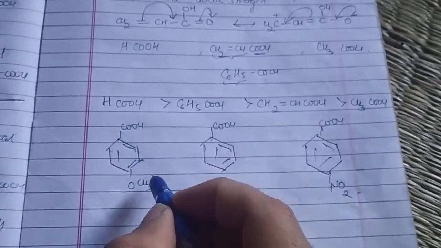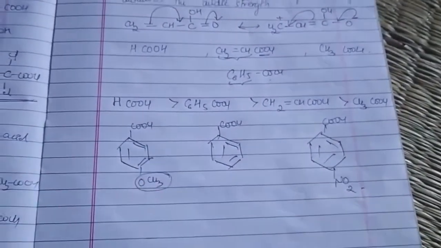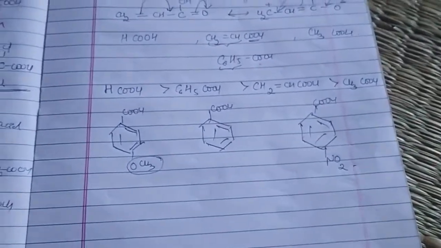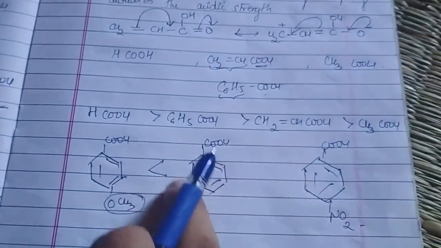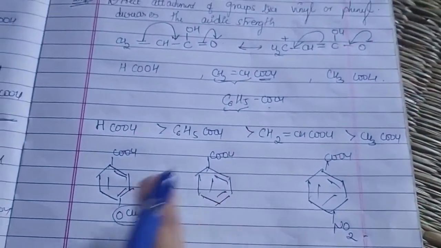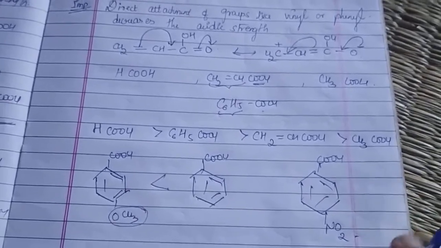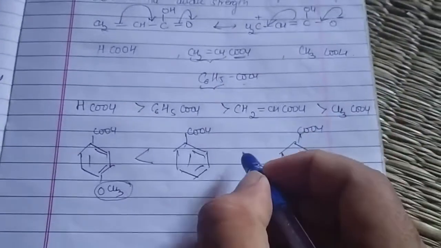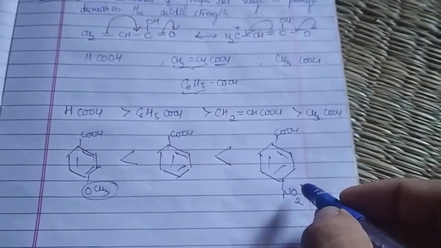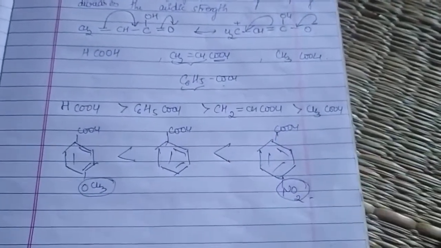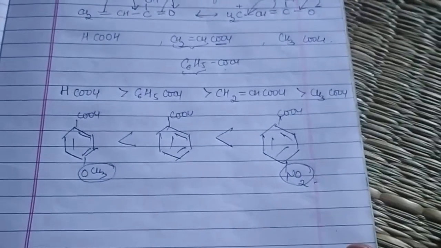Of course we can, because your methoxy group is an electron donating group. So it should be the least acidic when compared to the compound which has neither any electron donating nor any electron withdrawing group. The highest acidic strength will be for the nitrobenzoic acid, because the nitro group acts as an electron withdrawing group. Is that clear?